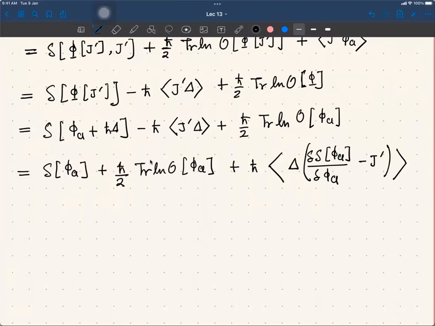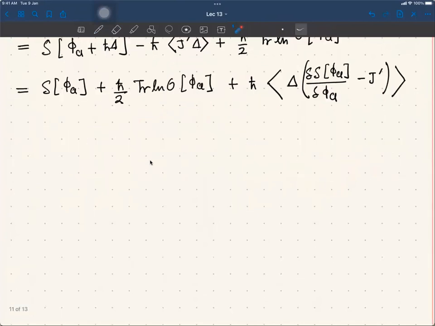So this term, delta times del S of phi CL over del phi CL, is the second term in the Taylor expansion, and then minus J prime is coming from here. So this is multiplied by order h bar.